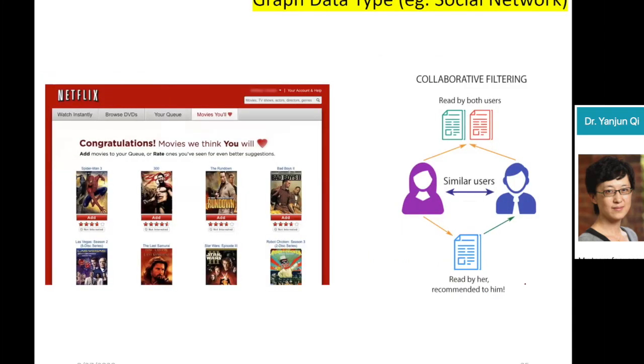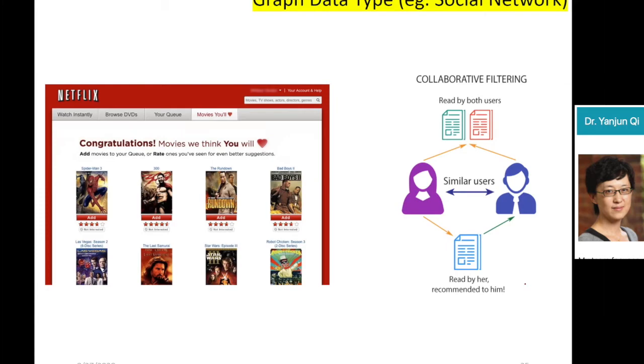This is the second type, and then the third type is the graph data type, very popular and important, especially the social network data. It's used a lot in all those recommendation systems. If you use Netflix or Amazon, how you're getting the recommendation is based on a lot of this graph data type of modeling.